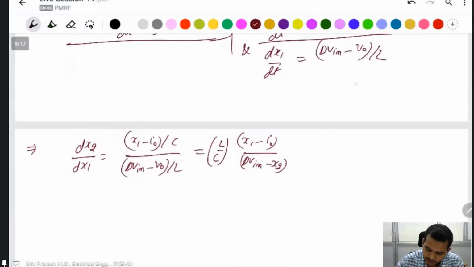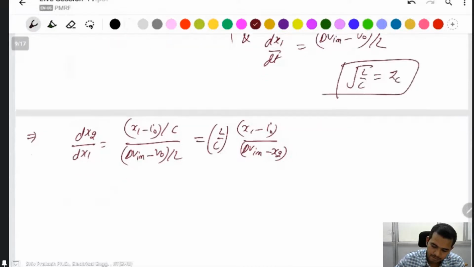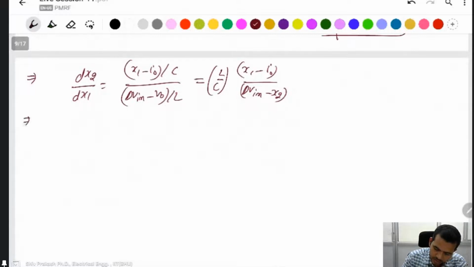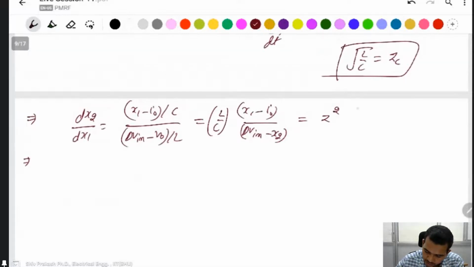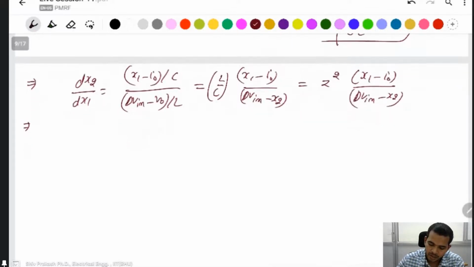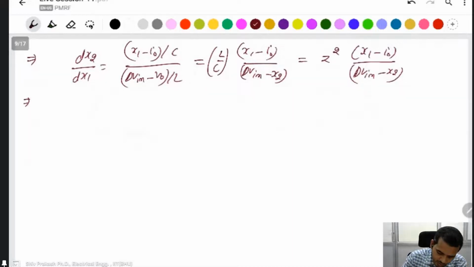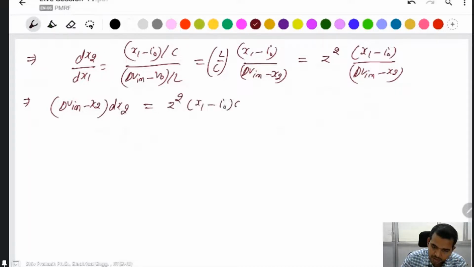To take the characteristic equation, root of L by C equal to ZC. I will write the simple calculation: D Vin minus x2, dx2 is equal to Z squared, x1 minus I0, dx1.